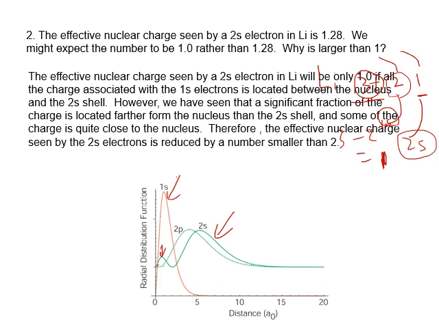It has a subsidiary maximum close to the nucleus. In other words, the electron in the 2s orbital can penetrate through the 1s orbital, and therefore the effective nuclear charge seen by the 2s electrons is reduced by a number smaller than 2.